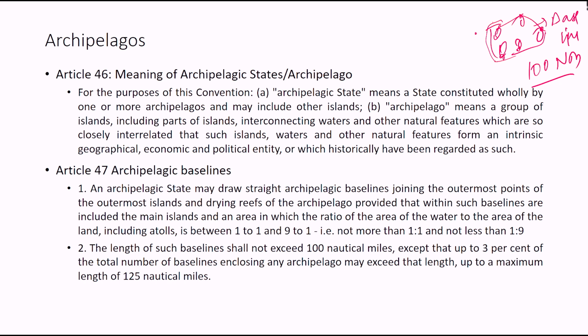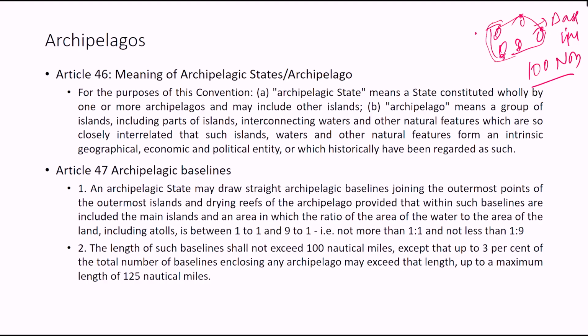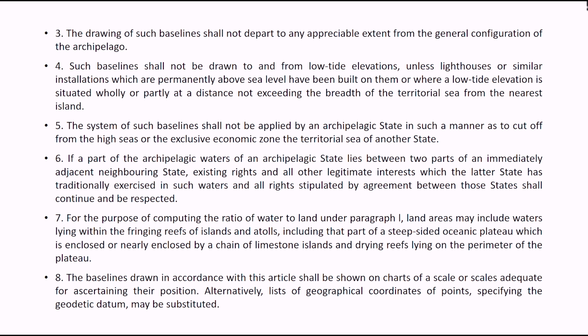The maximum limit provided for joining the points of the outer islands is 100 nautical miles, except that up to 3% of the total number of baselines enclosing any archipelago may exceed that length up to a maximum length of 125 nautical miles. So, in any case it should not cross 125 nautical miles.